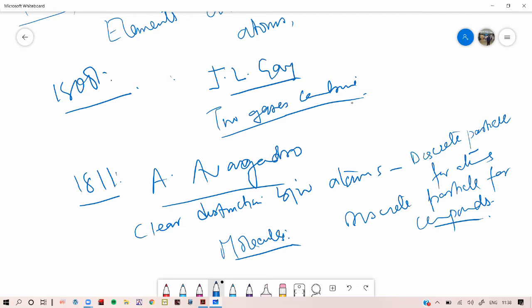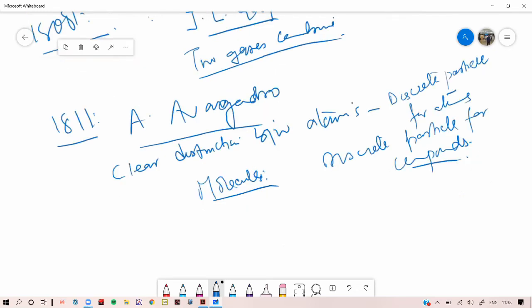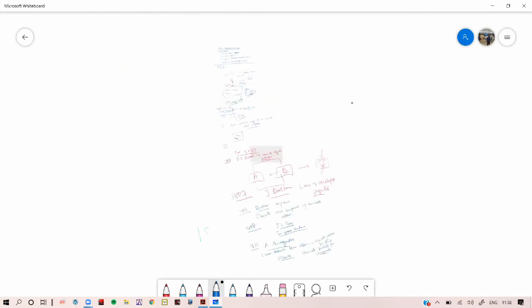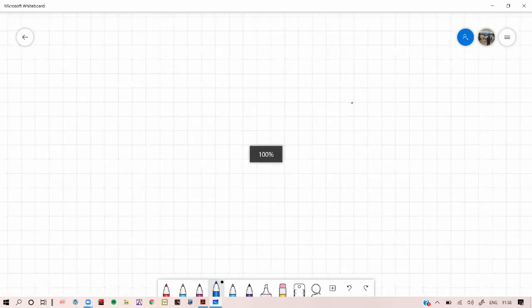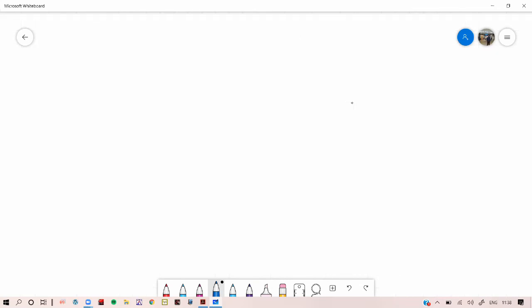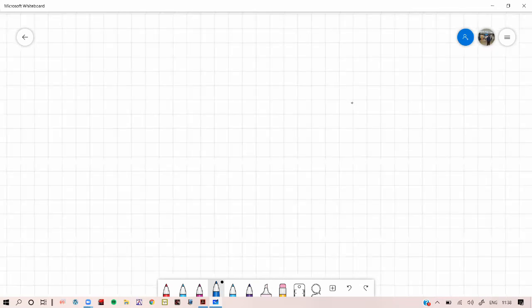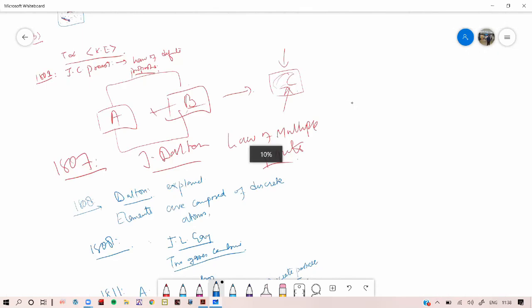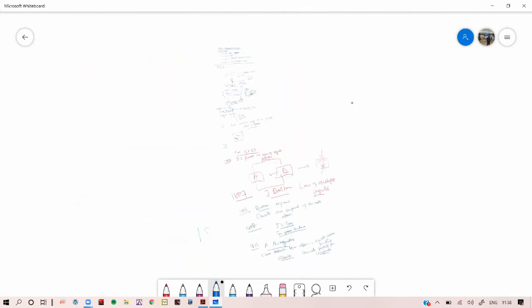And in this way, using Avogadro's hypothesis, he said that the gas laws are satisfied if the volumes are equal and at the same pressure.